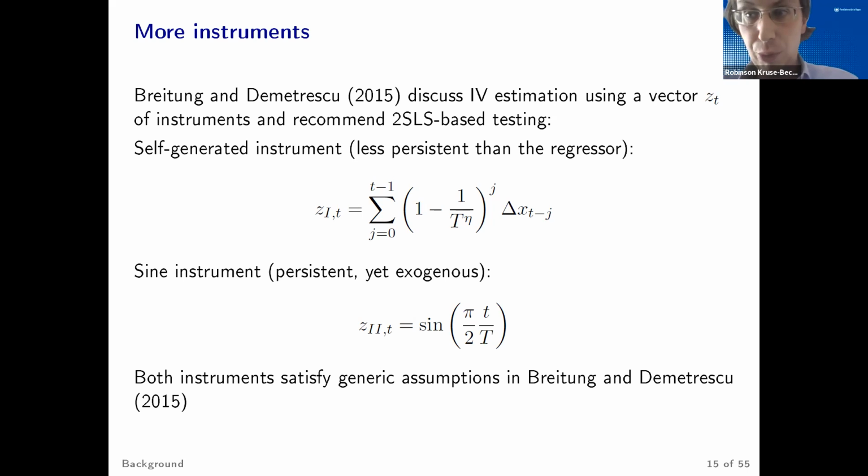They distinguish type 1 and type 2 instruments. The idea here is that inference gets much better if you add a second instrument, which is a sine instrument here, which is also persistent but exogenous. There are a number of conditions to be satisfied with these kinds of instruments, but well, that works.